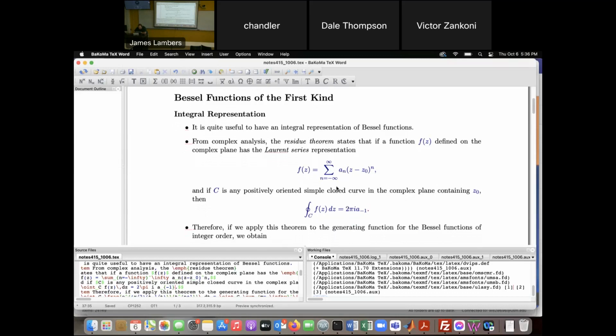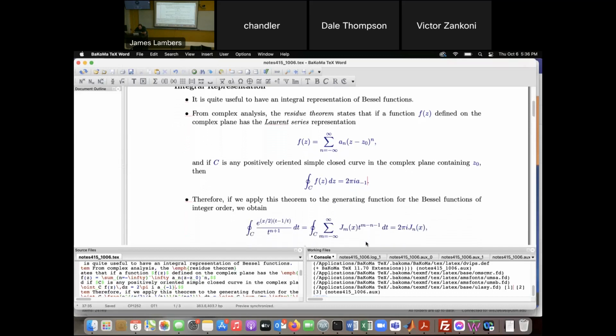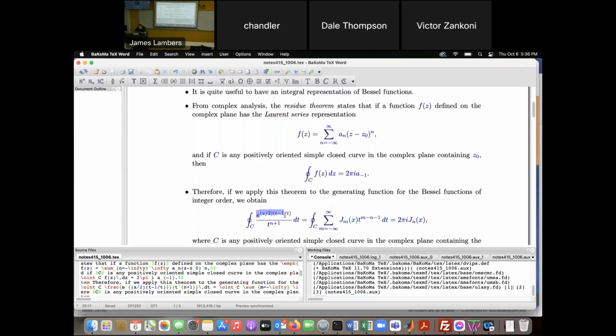So let's apply this theorem to a generating function for Bessel functions. That's what I've done here. This exponential right here is a generating function that we used last time to obtain Jn of x. But I'm going to scale it by 1 over t to the n plus 1.